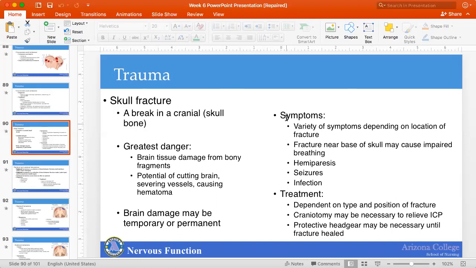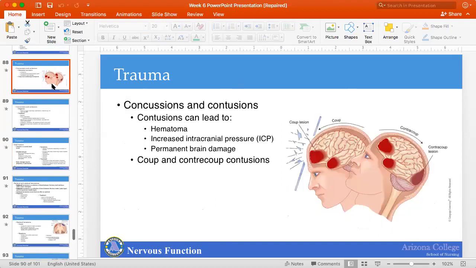A variety of symptoms may occur depending on the location of the fracture. A fracture near the base of the skull may cause impaired breathing. The reason is that at the base of the skull, right here, you have your brainstem. This area is important for keeping our base functions, keeping us alive.